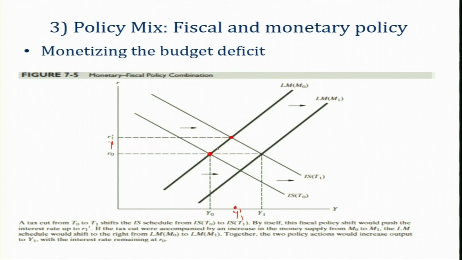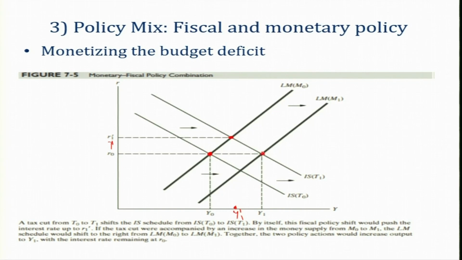Initially suppose the IS curve shifted from left to right, that means IS0 to IS1, so that is shifted to here, and this is the new equilibrium position. But if there is a policy mix, that means an accommodative monetary policy, that means when government expenditure increases, in order to finance that, the money supply also increases and the budget deficit is monetized, then you can see that the LM curve will shift rightwards.